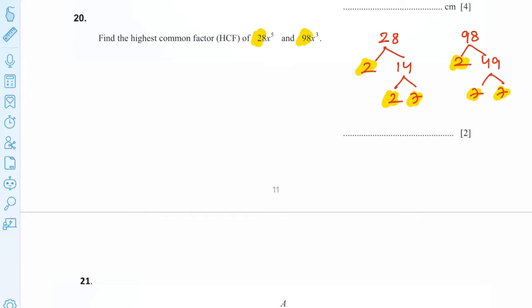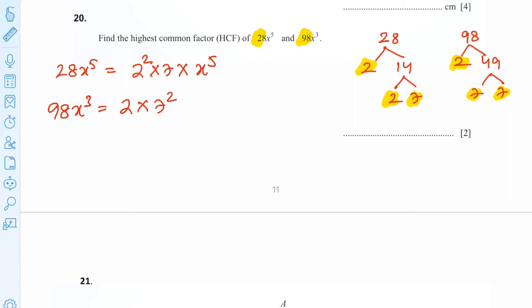Now, 28x power 5, I can write as 2 squared times 7 times x power 5. And 98x cubed, I can write as 2 times 7 squared times x power 3. To find the HCF, what is the rule? The rule says find the common factors and take the minimum.